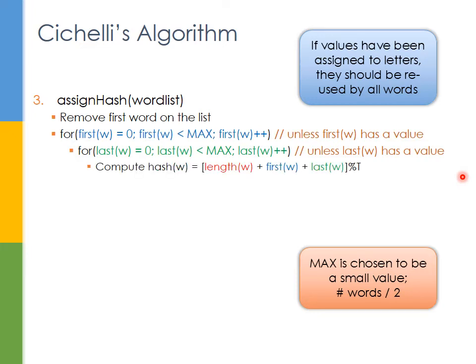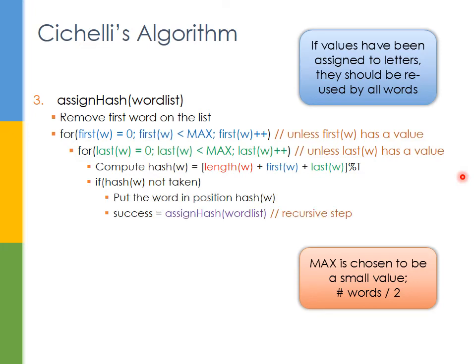Alright, so once you've chosen the values for your first character and last character, or maybe you've just taken the values already assigned by previous words, you can compute the hash for this particular word. Then you have to check if that hash is taken or not, if it's occupied or not. If it's not taken, then you're in luck, good for you. Put the word into that hash and recursively call the function on the next word in the list.